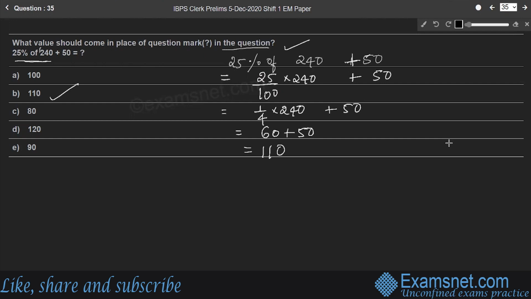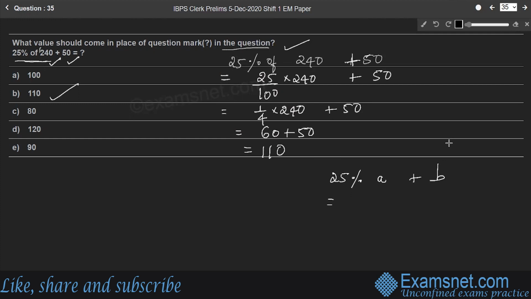Right? So let us consider 240 and 50 are two different numbers. If it is given 25% of A plus B, is equal to, imagine 240 and 50 are not whole numbers. They are just A and B, right? They may be fractions or decimals.